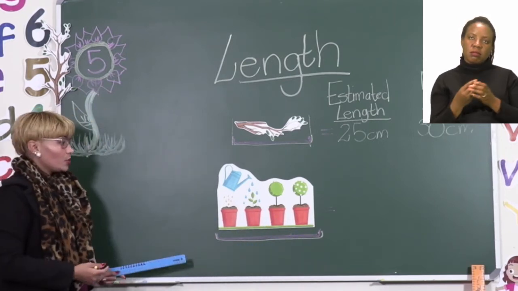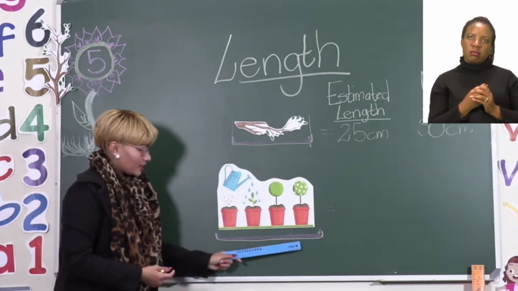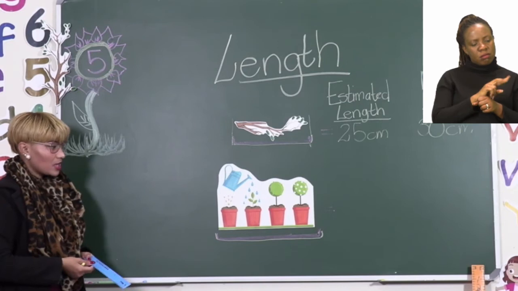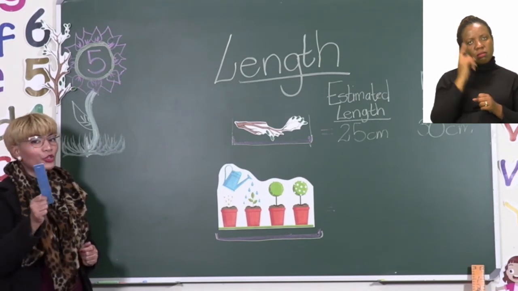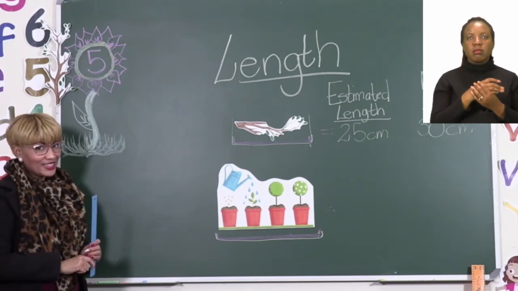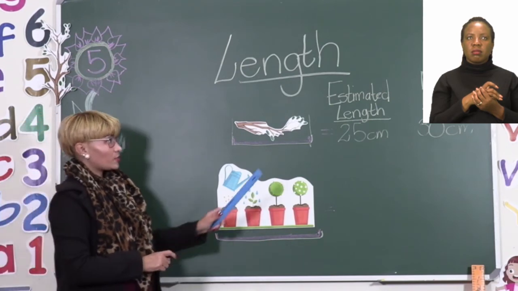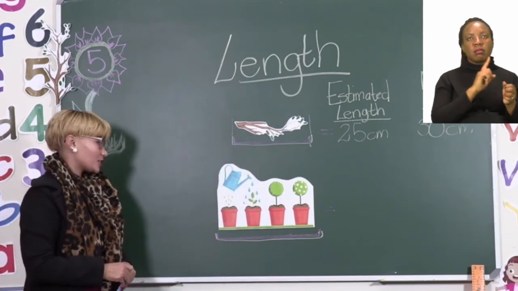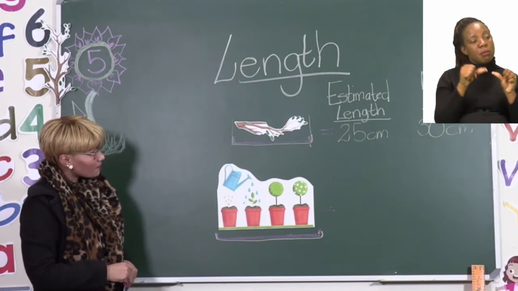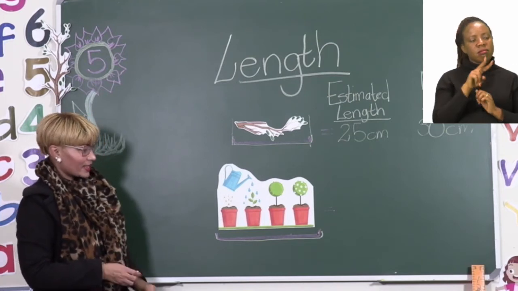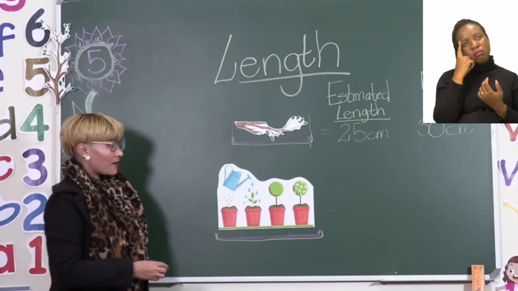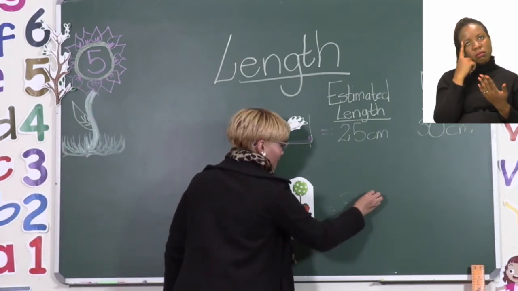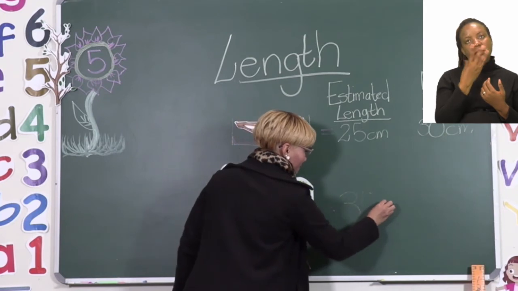If you look at this line here, measuring the length of these pot plants, what would you guess it is? That means we have to work out our estimated length. If I look at it and estimate, I would say it might be about 35 centimeters.